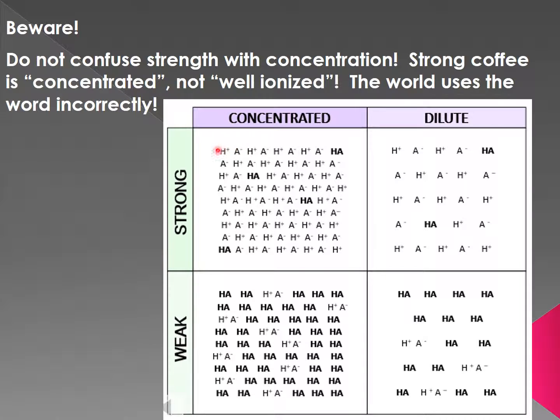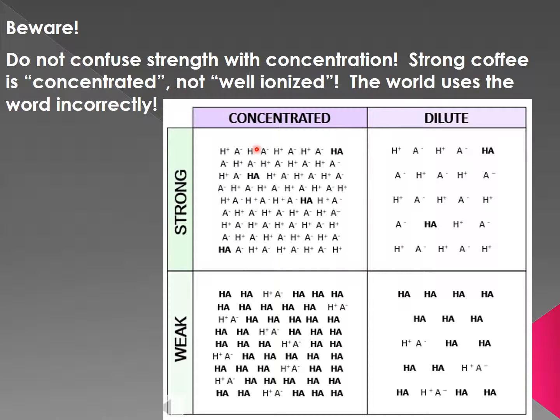We can have a strong solution that is concentrated and a strong solution that is dilute. We can have a weak solution that is concentrated and a weak solution that is dilute. The terms strong and weak are not related to the terms concentrated and dilute.